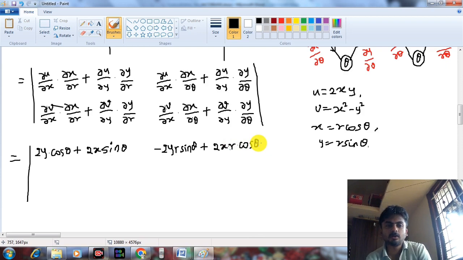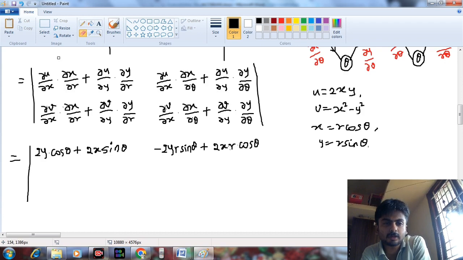Now we have to find all these things. Now what is v? So ∂x/∂r will be common and ∂y/∂r will be common.